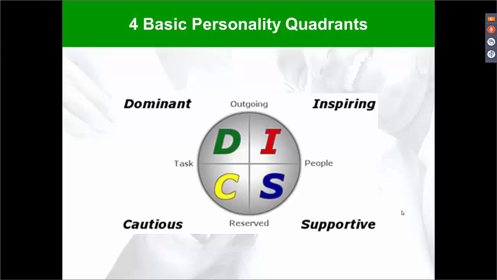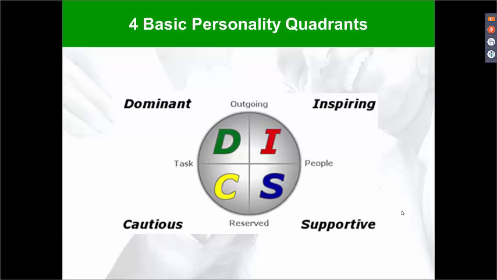Now, do understand this. No one person just fits into one category. If you do, that is very unusual. That's very rare. Typically, we exhibit all 4 of these characteristics in most personalities. It's just 2 tend to be the most dominant and 2 tend to be very subdued and passive.